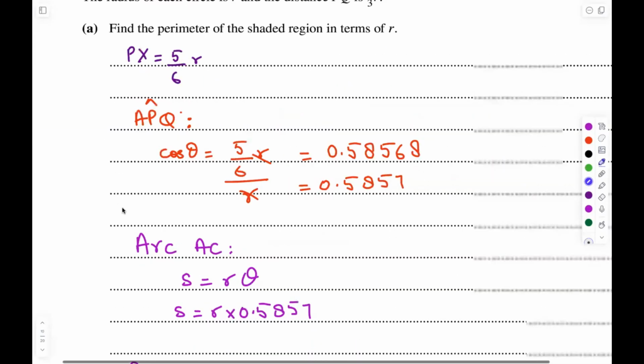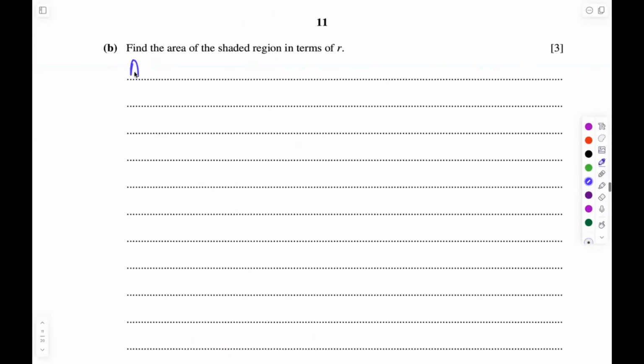Area of sector APC will be equal to 1 upon 2 r squared theta. So r will remain as it is, and we already have the value of theta, which was 0.5857.